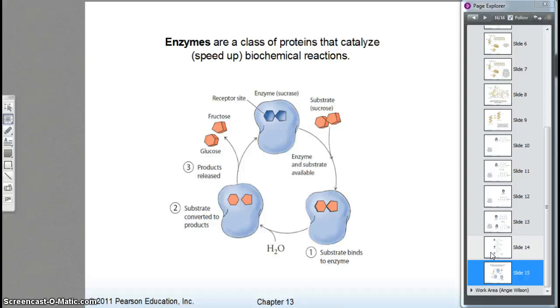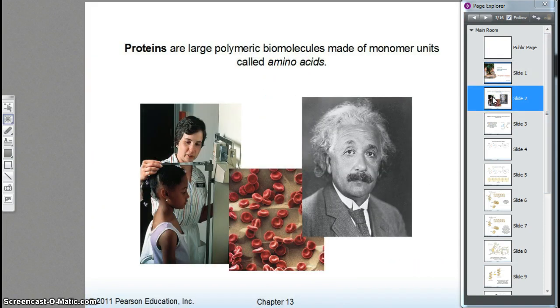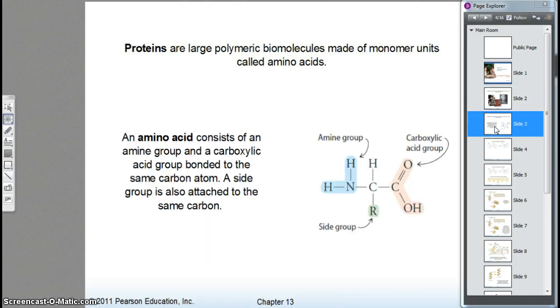So let's just quickly go through the sheets, going back to the beginning. Proteins are large polymeric biomolecules made of monomer units called amino acids. Amino acids have an amine group and a carboxylic acid bonded to the same carbon.